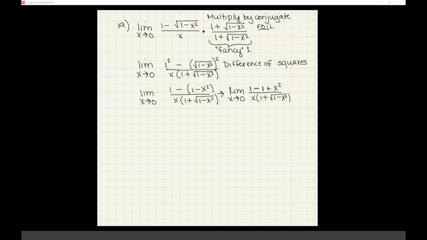Everybody all right with it? I'm just distributing this minus sign to both terms that come after. Okay, what do you see in the numerator? Anything simplified?